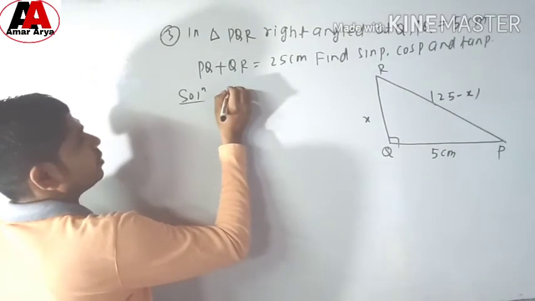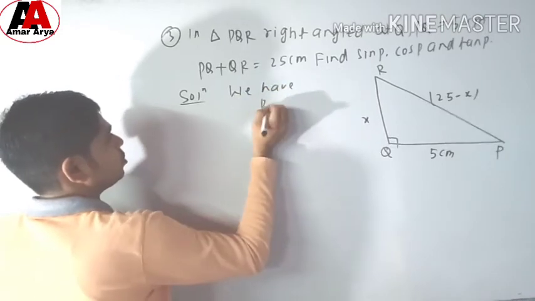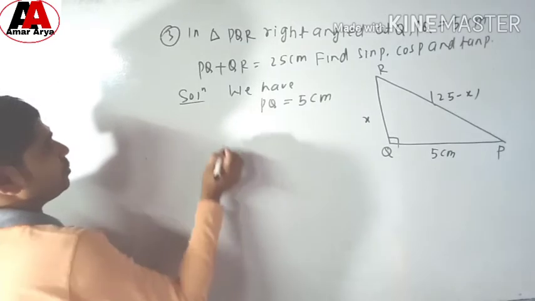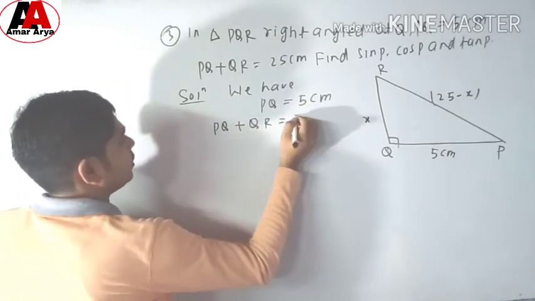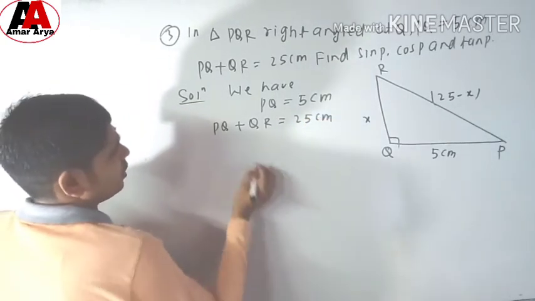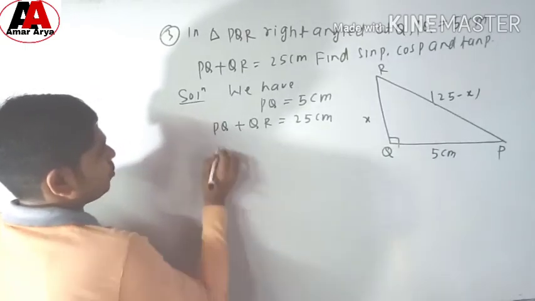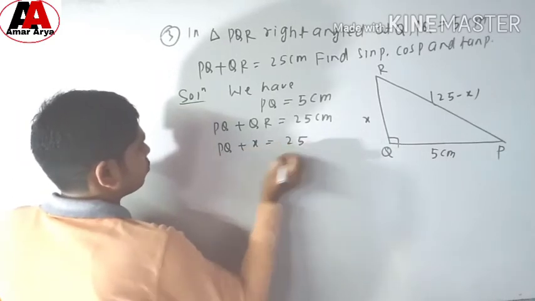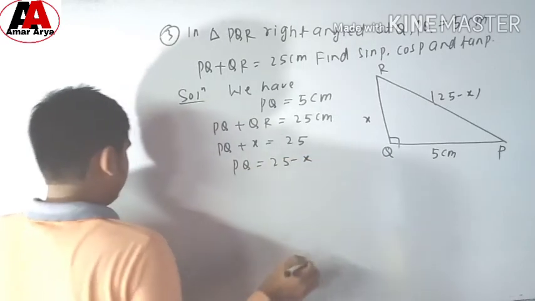So we can write what we have: PQ equals 5 centimeter, and PR plus QR is 25 centimeter. The value of QR is x, so PR plus x equals 25, so PR equals 25 minus x.